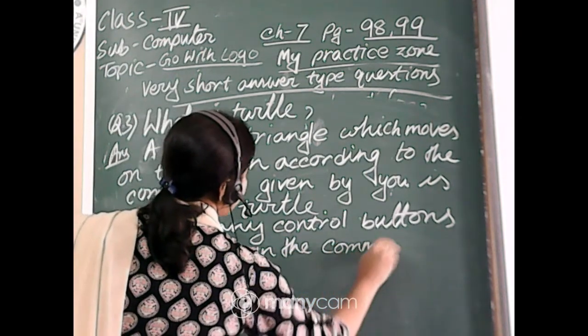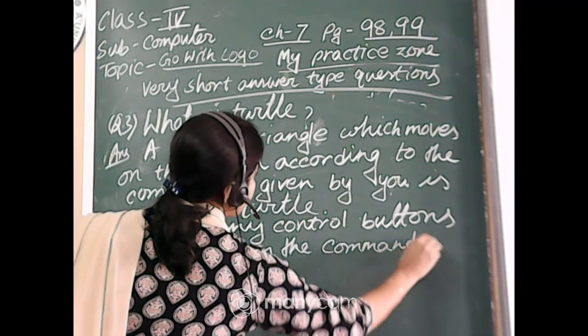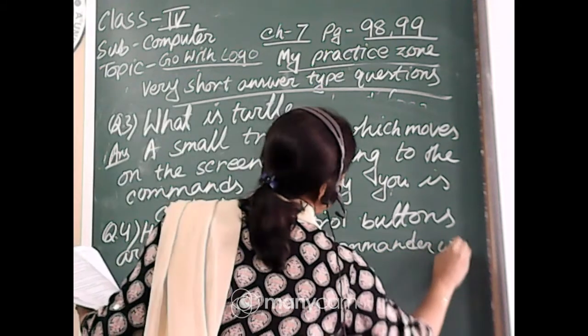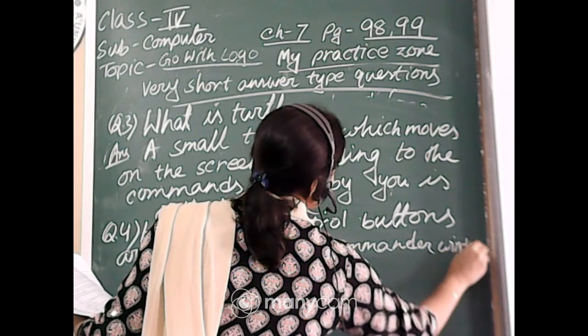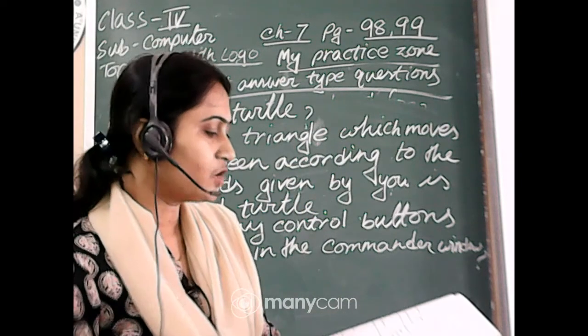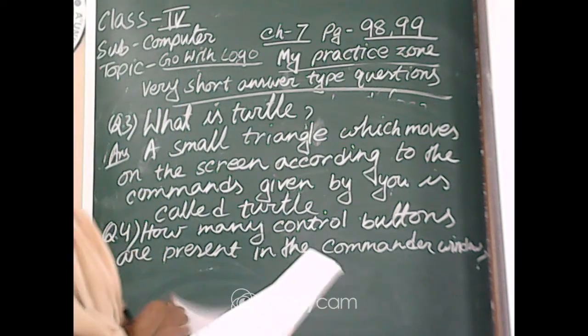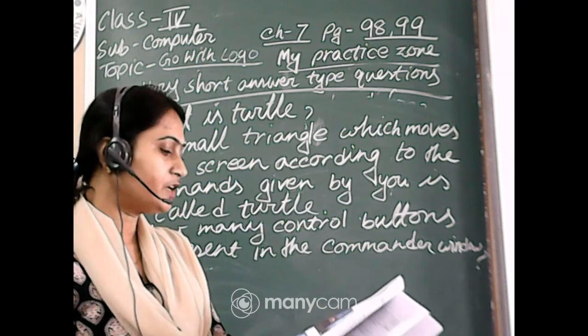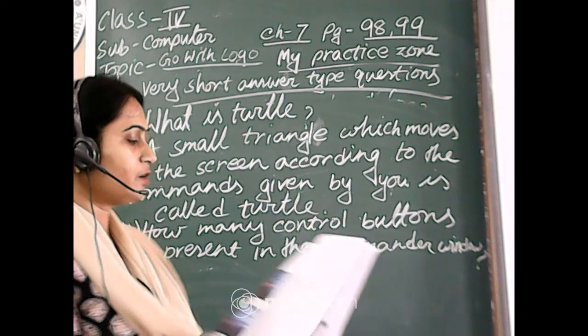In the commander window, how many control buttons are present?